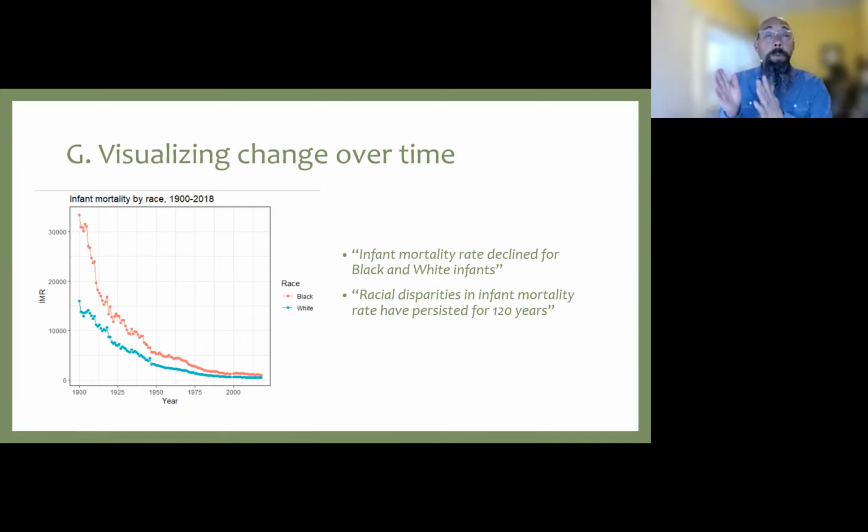The intervals between years are equal. So we're just representing these points together. We're sort of smoothing that information. So the interpretation here is that infant mortality rates declined for Black and white infants, and maybe also that racial disparities in infant mortality rates have persisted for 120 years. So we could tell a couple stories from this, and we'll actually revisit this plot a little later.